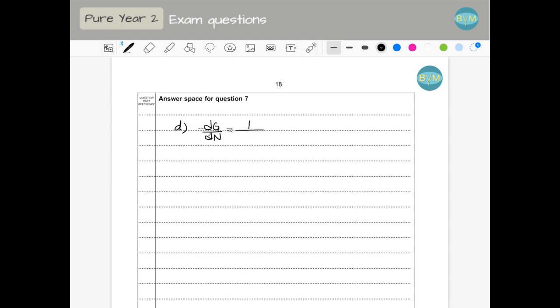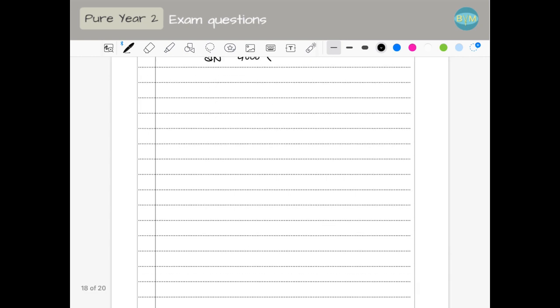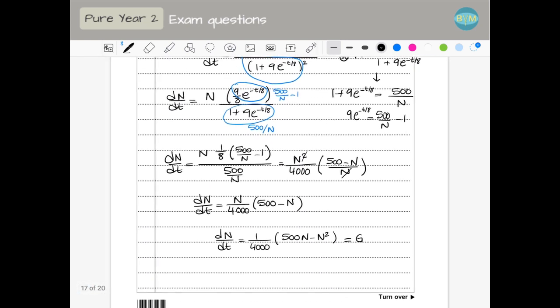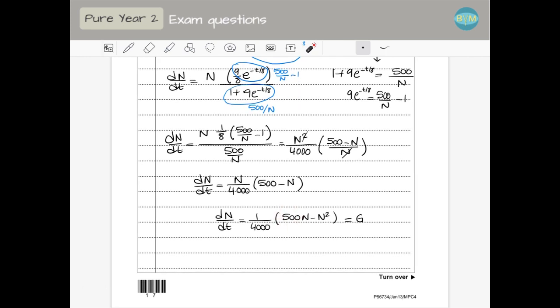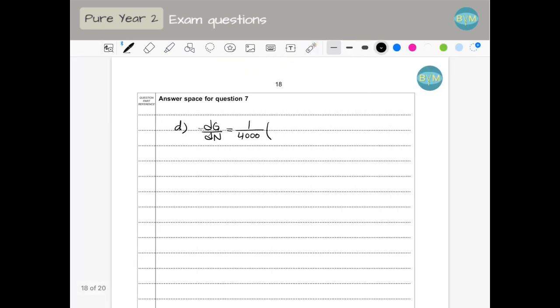So it's 1 over 4,000 multiplying 500 minus 2n, and this must be equal to 0, which means 500 minus 2n must be 0, which means n must be 250.